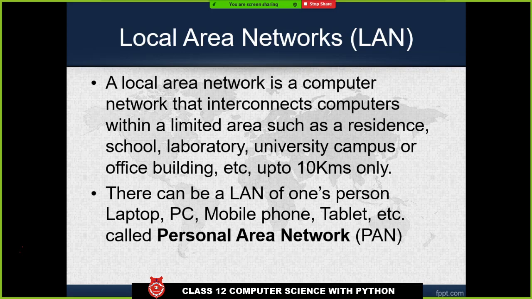All these are connected to the internet, and this network can be known as personal area network. It is much smaller than local area network. So a smaller form of local area network is known as personal area network. All right.